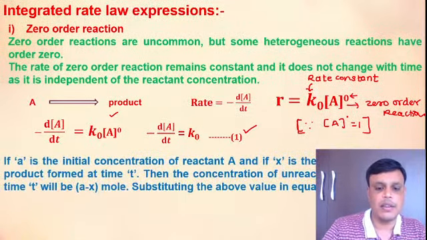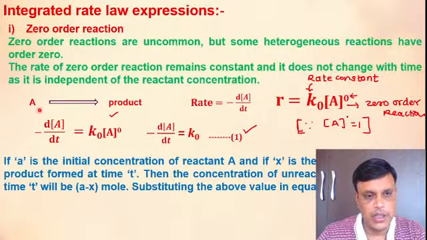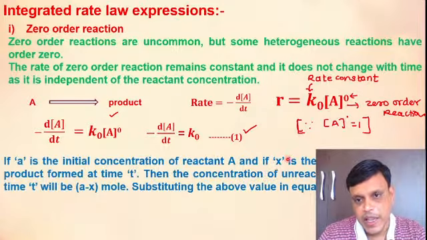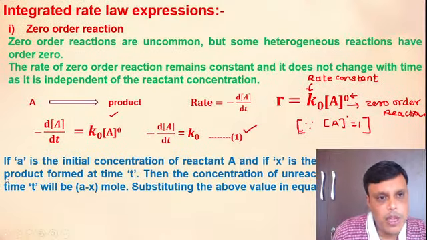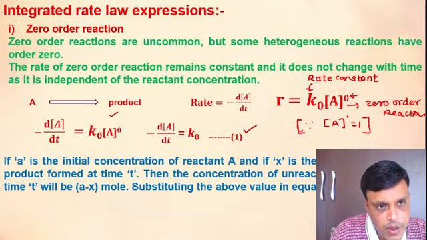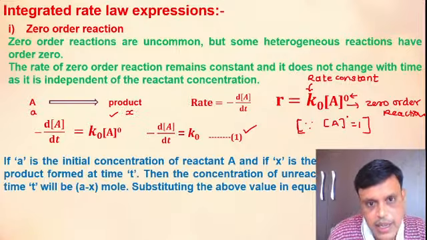Then if a is the initial concentration of reactant A, and if x is the number of moles of product formed. For example, the concentration of A is small a and the concentration of product formed is x at time t.